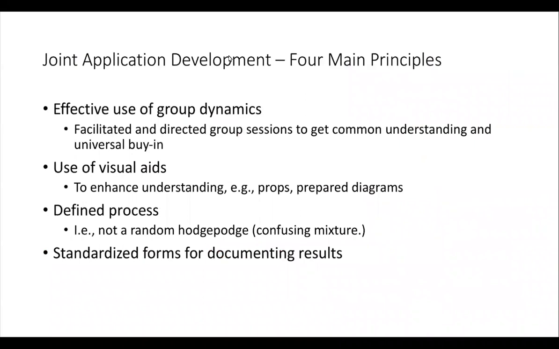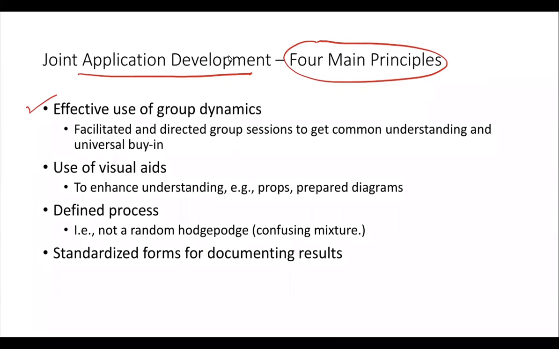There are 4 main principles when it comes to the elicitation approach using joint application development, the JAD method. The first one is effective use of group dynamics. It's not just one person, it's many stakeholders in one place. They do brainstorming and a lot of workshops.